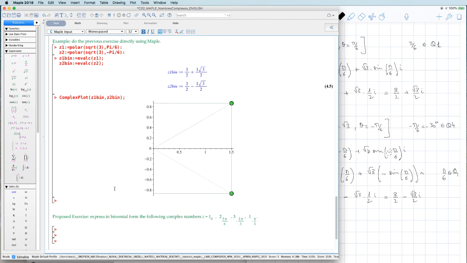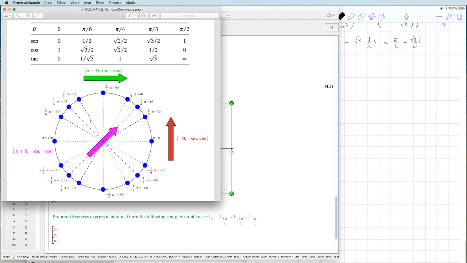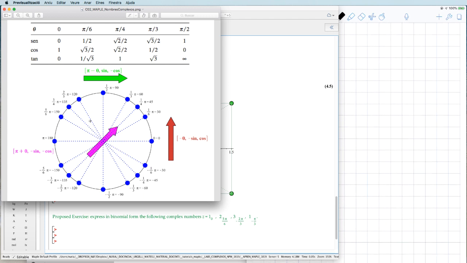We have another exercise before finishing. Again, remember that whenever we do exercises, we want to have this table in front of us. So let's start. z1 is 1, 0. Always remember that it's nice if we can make plots so that at least we know which quadrant we are in.